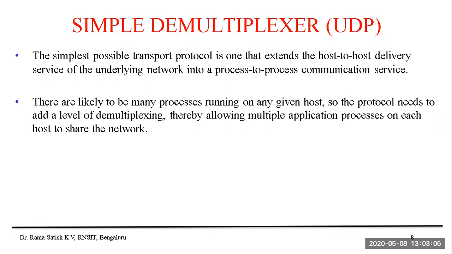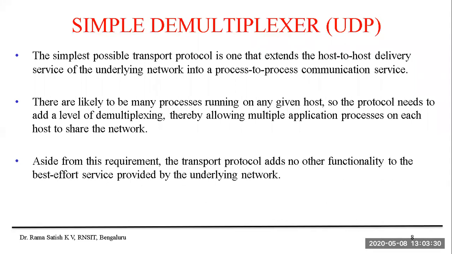Obviously we need a supporting protocol underneath. This protocol, UDP, supports multiplexing of all these packets and transmits them, and at the receiving side it will demultiplex and give the relevant packet back to each process. So that is what we discussed.